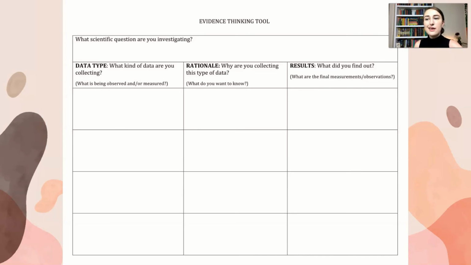Here's an evidence thinking tool. Maybe this is the goal of the reading. They're thinking about data. They're thinking about the scientific question that they're investigating. They're really digging into it as an evidence-based study or experiment. They're trying to find the answer to something, trying to make connections. It's really like an archaeological dig in a way, where the students have an end goal in mind and they are using the tool, the reading, to get there.